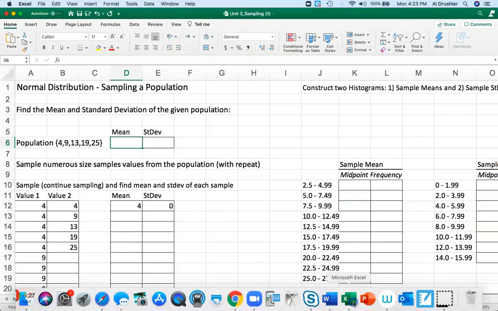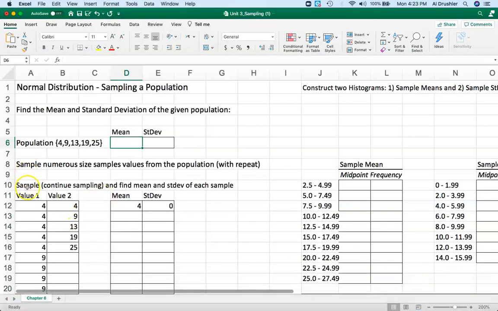Then you're going to figure out all the different possible samples of size 2 with replacement. The first grouping has been done for you. See how it's 4, 4. Again, we're replacing, so we use the 4 again. So 4, 4, 4, 9, 4, 13, 4, 19, 4, 25.